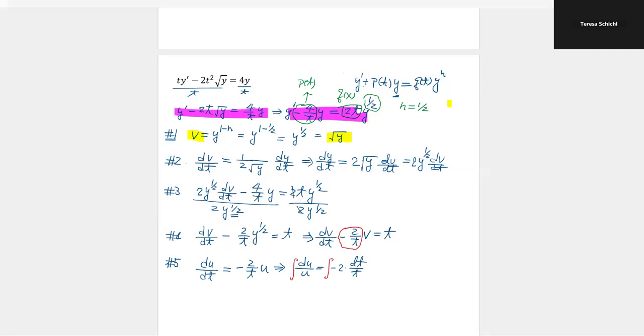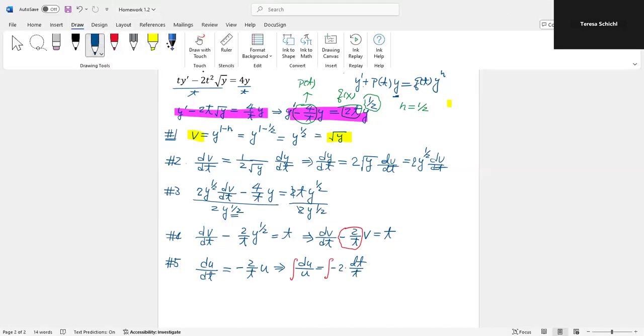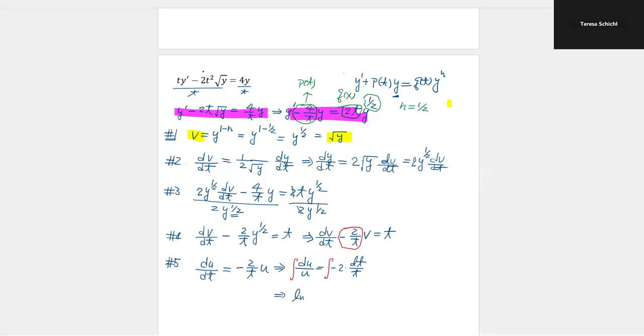So after I integrate both sides, I will have natural log u equal to negative 2 natural log t. Because of the natural log property, I can move the 2 to make natural log t to the negative 2, so this is natural log of 1 over t squared.